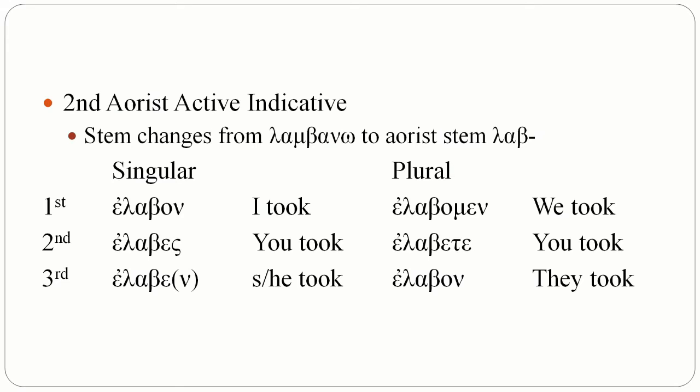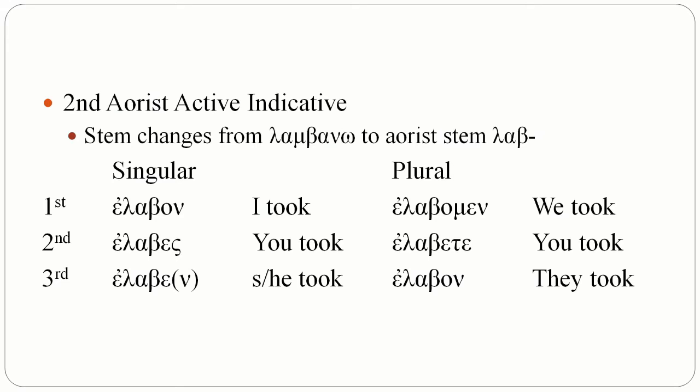Something to notice about this one, the first person singular and the third person plural are the same. So going to the plurals, elabomen, we took; elabete, you took; and then again, third person plural reverts back to the first person singular ending, elaban, they took. Kind of nice for memorizing forms, but something of a bother at times when you're going to translate.